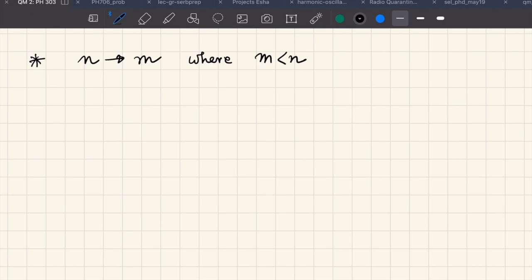So there is a photon which is emitted of frequency which is denoted by h bar omega, which is the energy level difference between these two levels. So these are all known to you.